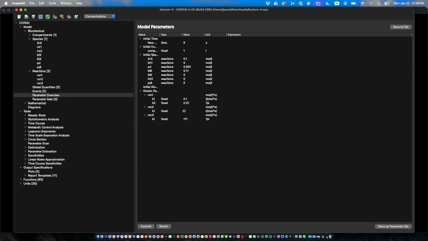I want this to be 0.01, and I want this one to be 0.05. There we go. Oh. Yes, 1. No, oh my God. Sure. I don't know why it's doing that today.